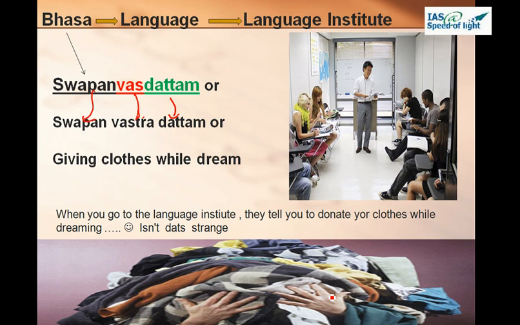They told you that if you want to learn the language, you have to donate your clothes while dreaming. Okay, so see this picture where you are donating your clothes while dreaming. So now in future, if this word Swapna Vasavadattam comes to you, your mind will take you directly to the language institute, or Bhasha.